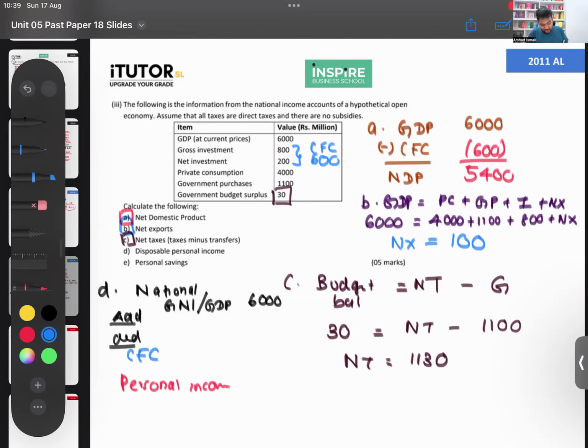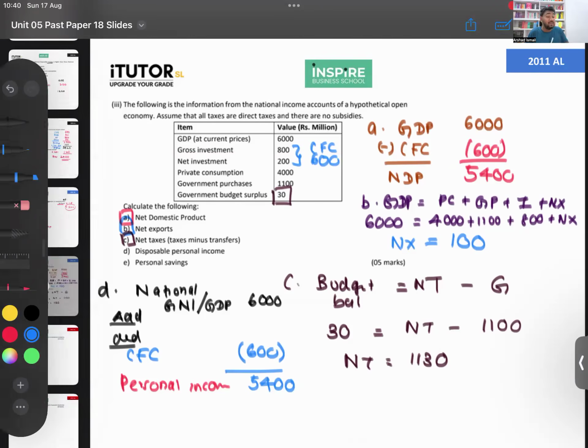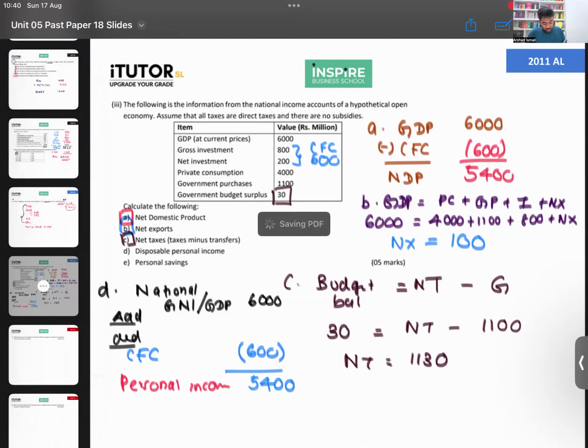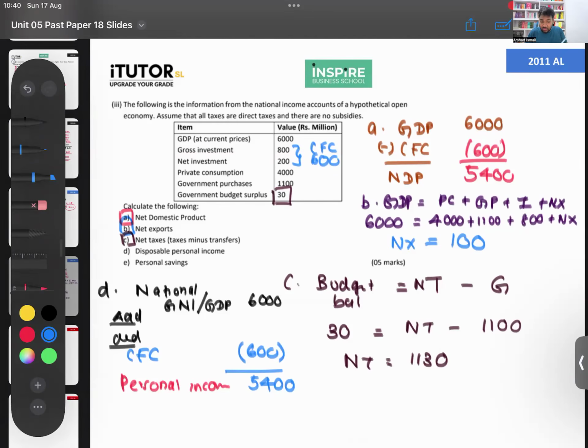So that is how much? That is given as 600. But do we deduct taxes at this stage? Not really. Right. So how much do we get as personal income then? Personal income is 5,400. But are they asking for personal income? No, they're asking for disposable personal income. So how do you go from personal income to disposable personal income?